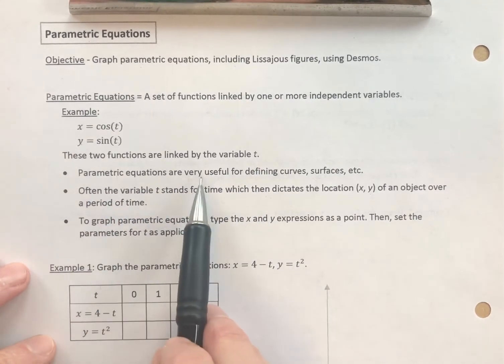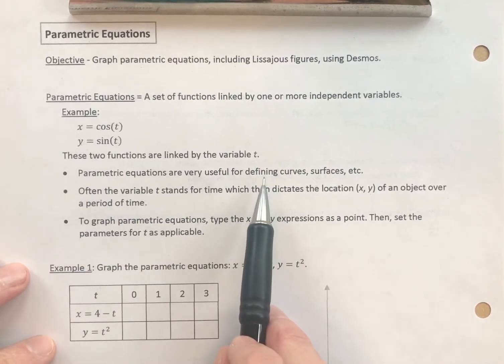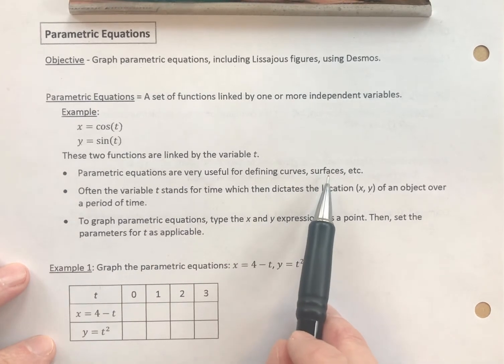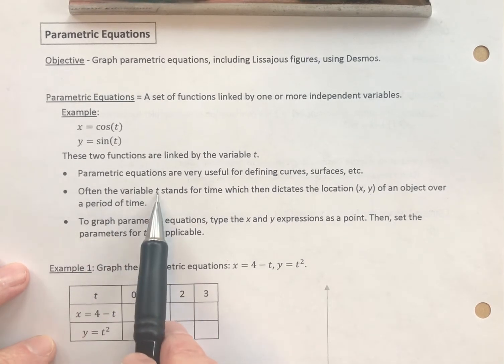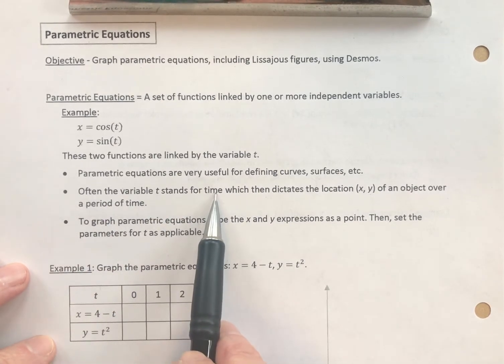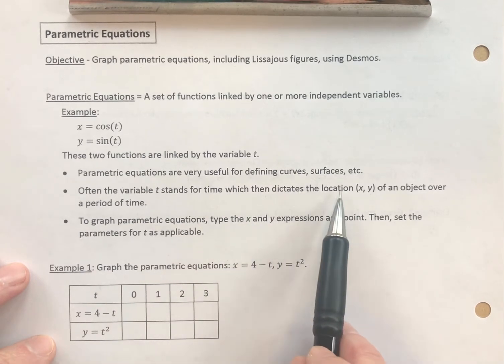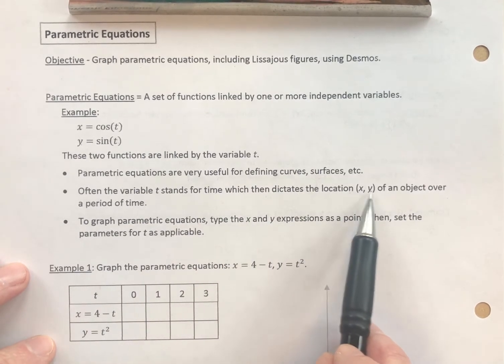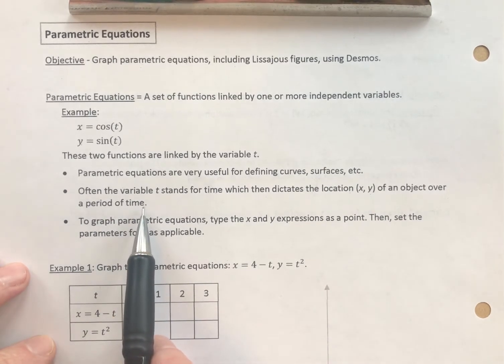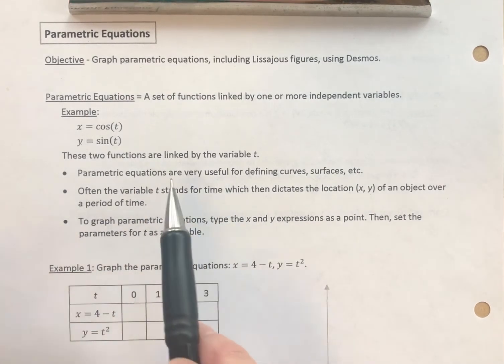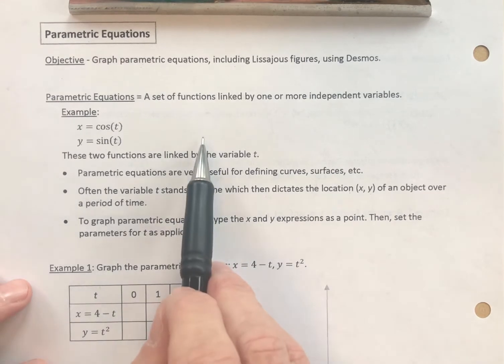Parametric equations are very useful for defining curves, surfaces, etc. Often, and this is the way I look at it, the variable t stands for time, which then dictates the location, the x and the y, of an object over a period of time. So at time 0 seconds, the object is here.